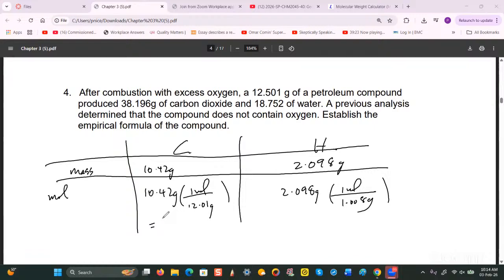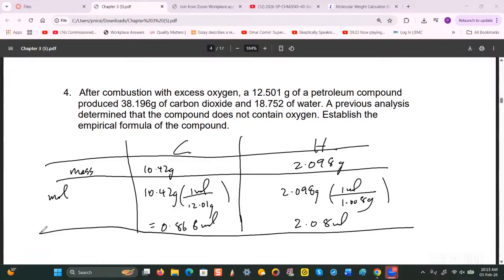So 10.42 divided by 12.01 gives 0.868 moles. And then in the case of hydrogen, that's 2.098 divided by 1.008, and this gives 2.08 moles.